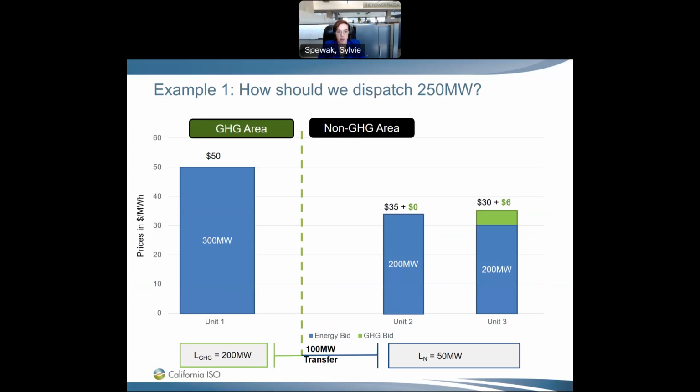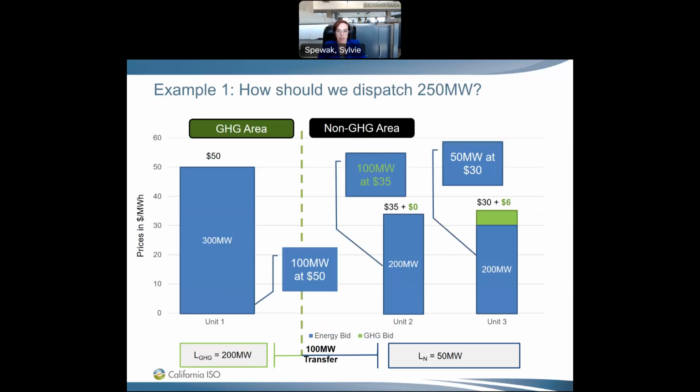That's 50 megawatts to meet non-GHG area load, and 100 megawatts brings us to our transfer constraint, which means we'll have to take the final 100 megawatts that we need to meet load in the GHG area from Unit 1. And I've summarized that here. 50 megawatts at $30 per megawatt hour minimizes costs for the non-GHG area. 100 megawatts from Unit 2 minimizes costs for the GHG area and respects that transfer constraint. And the final 100 megawatts that we need will come from Unit 1.